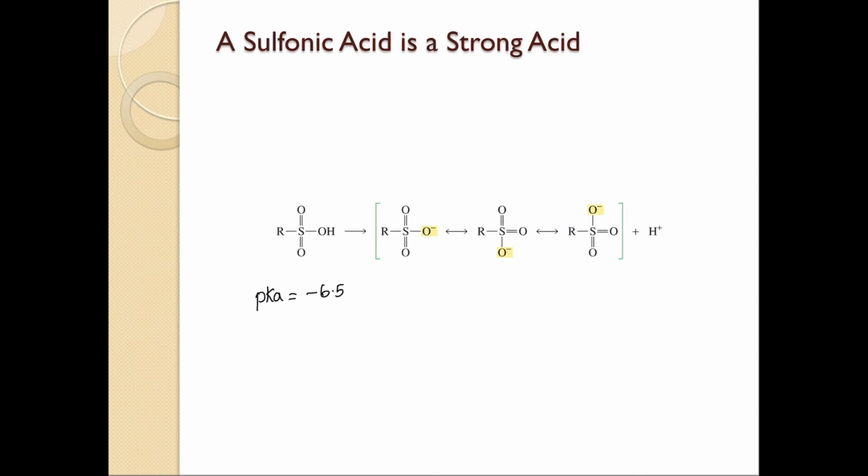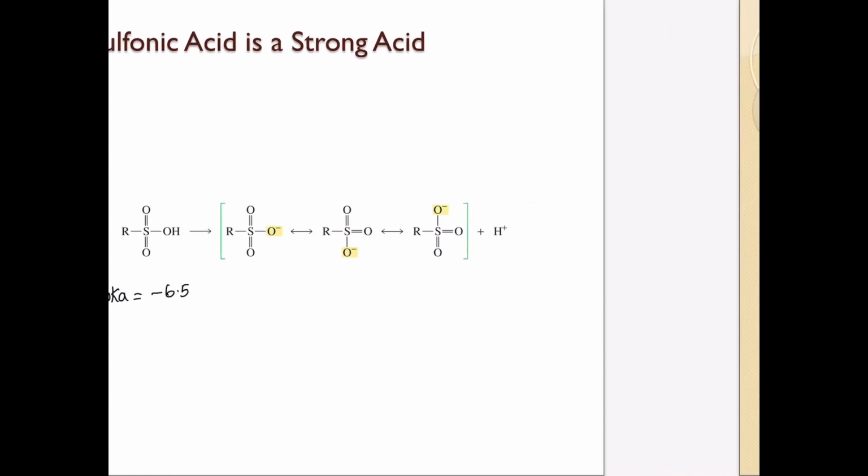If I pull the hydrogen here, that puts the negative charge on this oxygen. But this negative charge is not going to exist on just this one oxygen. It is going to be distributed between all 3 oxygens, because of which you have 3 resonance contributors, and therefore it is going to be stable. And because it's a stable base, it's going to be a good leaving group. Remember, a weak base is a good leaving group.